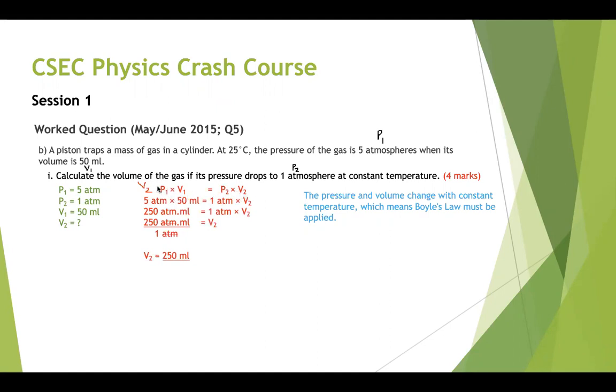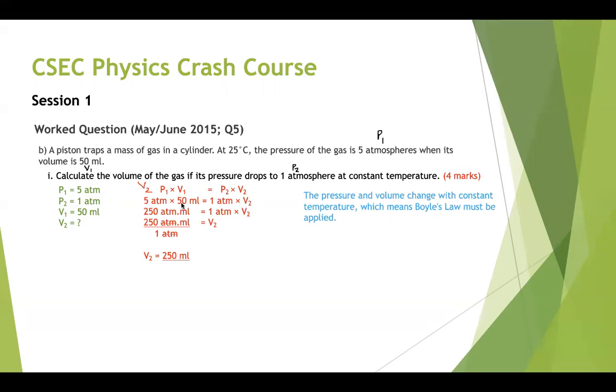So all we would need to do, therefore, is plug in the values of the quantities that we do know. We know the initial pressure is 5 atmospheres. The initial volume is 50 milliliters. And we know that the final pressure is 1 atmosphere. So V2 is actually what we are trying to solve for. All right.